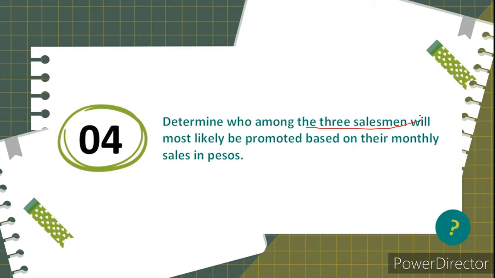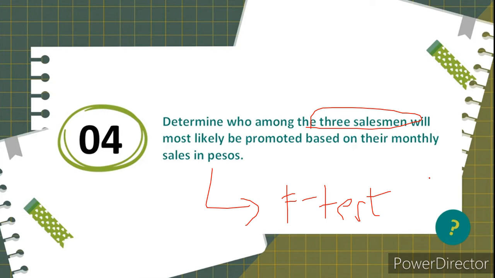The answer here is if it is 2 or 3 population variances, we're gonna use F test, or the analysis of variance. So number 4 is F test, no? Kasi wala namang binanggit niya na N is equal to.